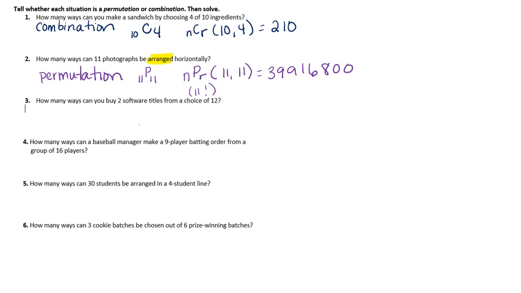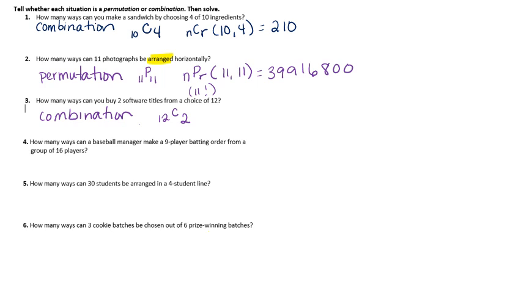How many ways can you buy 2 software titles from a choice of 12? So let's say there are 12 software titles on sale. You're going to choose 2 of them. Order doesn't matter. If I choose A, B, it's the same as choosing B and A. So this is a combination because order doesn't matter. So for a combination, this is going to be 12 things taken 2 at a time.